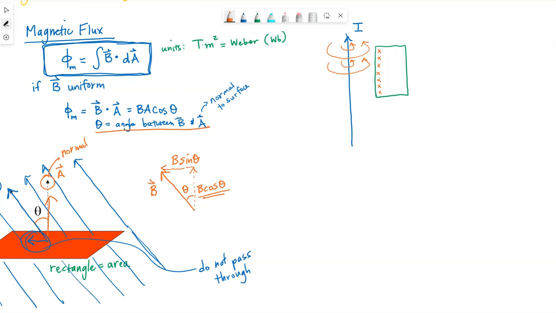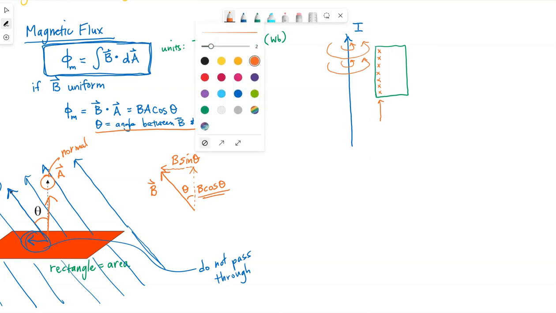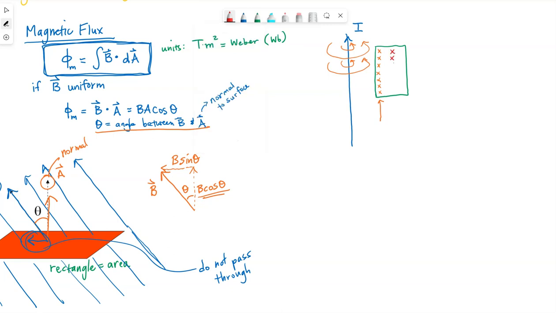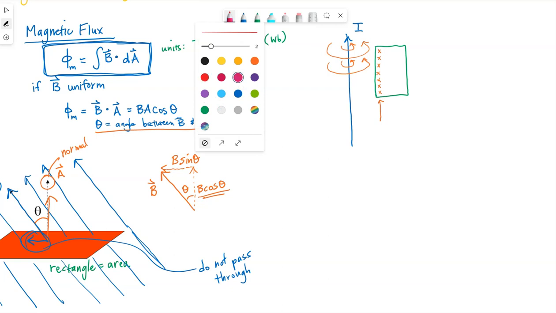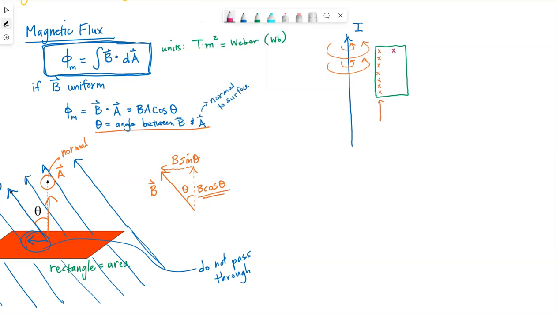But the magnetic field here along this line is stronger than the magnetic field further away. Let me draw it a little bit differently. As we get further away from the wire, the magnetic field gets weaker, and so to represent that in my picture, I would draw fewer lines.